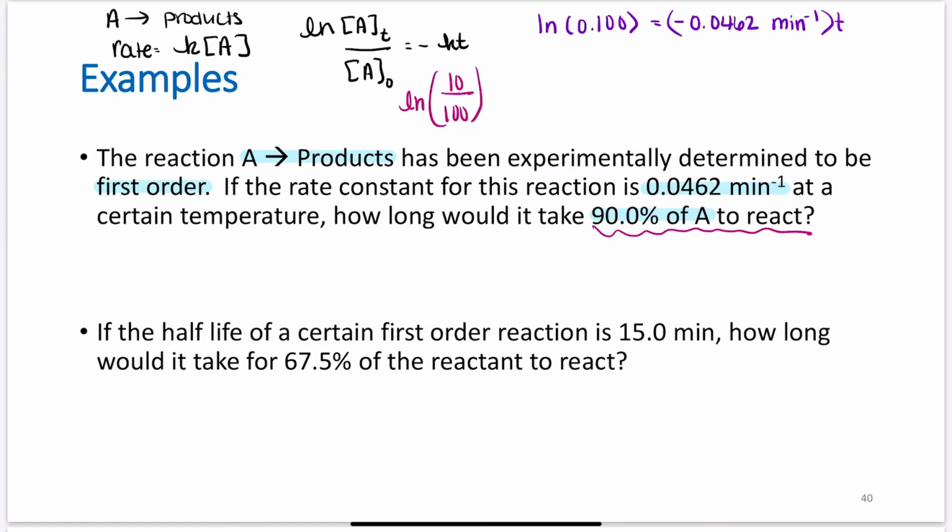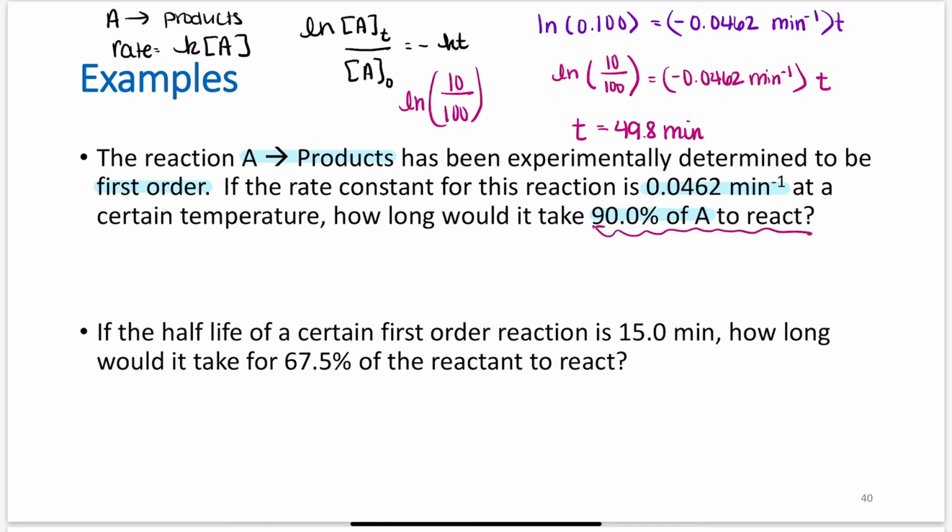You solve this out. So again, you could also write this as natural log of 10 over 100 equals negative 0.0462 minutes to the minus 1 times t. They mean the exact same thing. And when you solve for t, you find this to be 49.8 minutes.